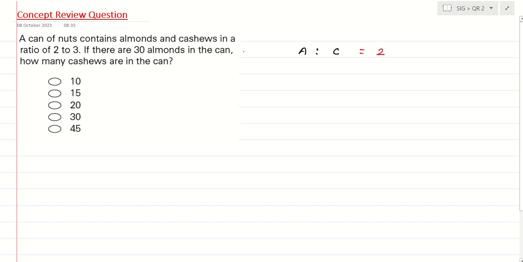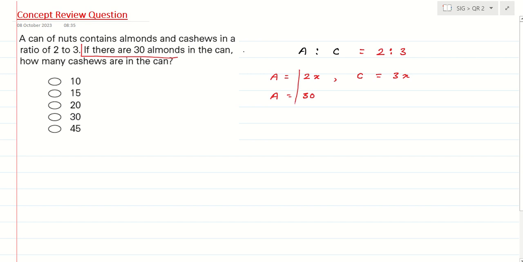The ratio is 2:3. Does it mean that almonds equal 2 and cashews equal 3? Not really. So I can say almonds equal 2x, and cashews equal 3x. Now, the actual value is given here: almonds are 30.